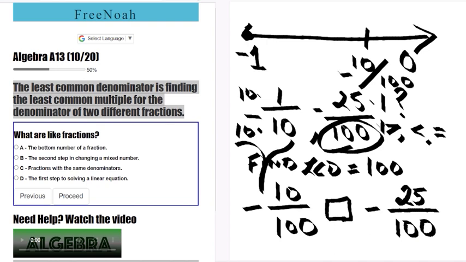And since it goes from least to greatest, and we're here on the negative side, we're going to plot a little more to the left here -25 over 100. So here we can clearly see on our number line that -10 over 100 is greater than -25 over 100. And that's the purpose of finding a least common denominator.